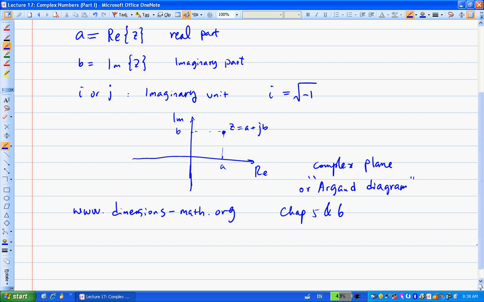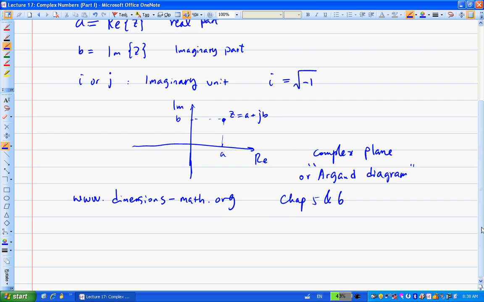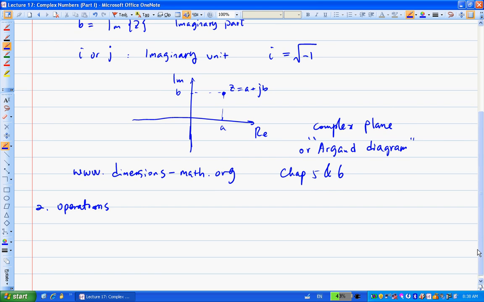Now let's take a look at operations on complex numbers. Basically, for real numbers you can multiply and divide, right? So we're going to have similar things. What do we do with complex numbers, and how do we manipulate them? Okay, operations.